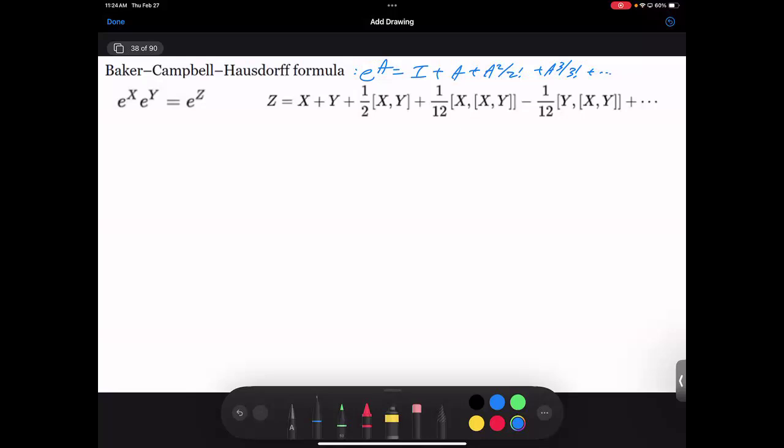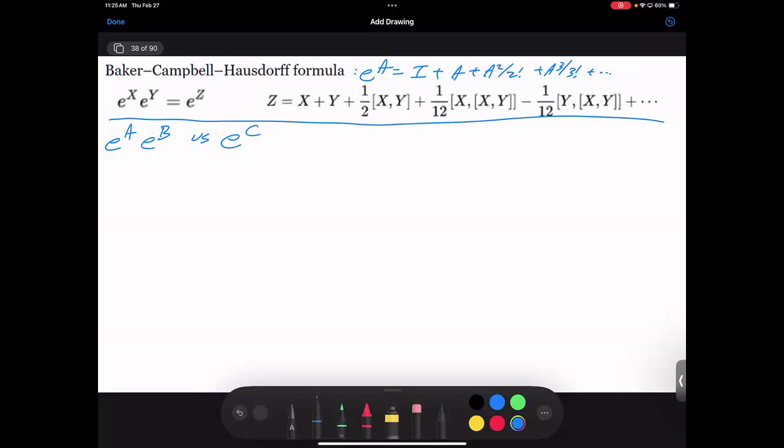Right? So here is a really nice trick. We can use epsilon 1, epsilon 2, we can use u, v, we can use little x, little y. There's lots of ways of doing this. I'll change notation a little bit, and I'll consider e to the a, e to the b versus e to the c.